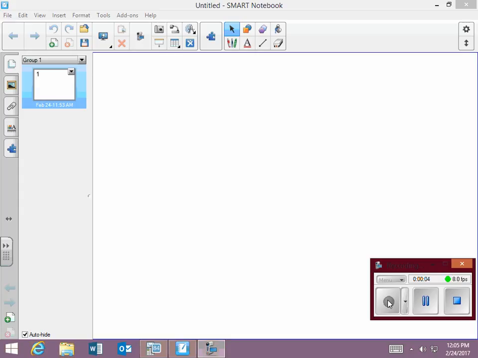22 on 142. So it says the distance from the center of a regular hexagon to a vertex is 15 centimeters. Find the area of the regular hexagon.